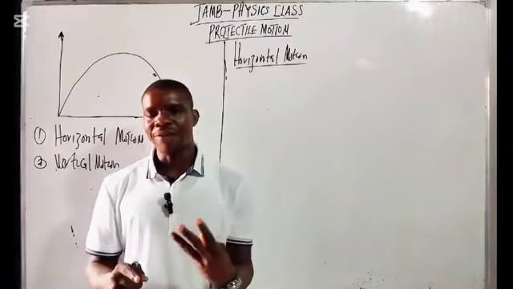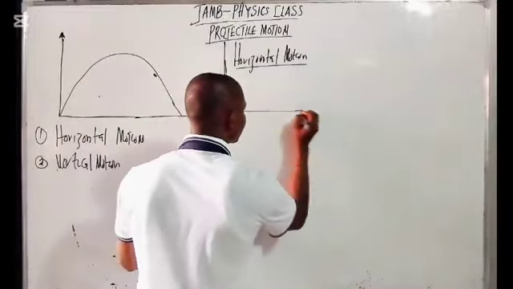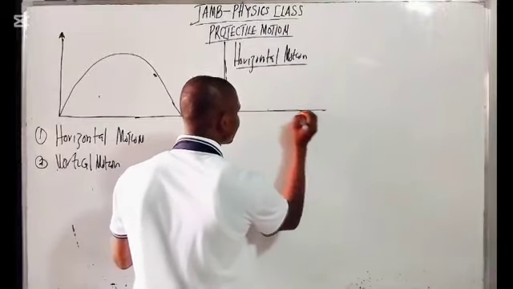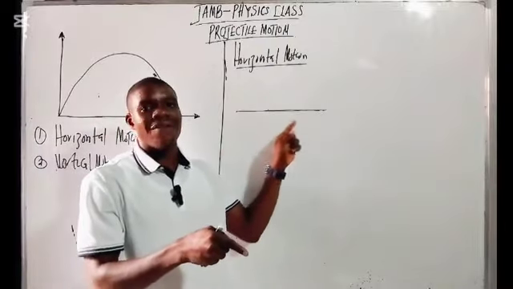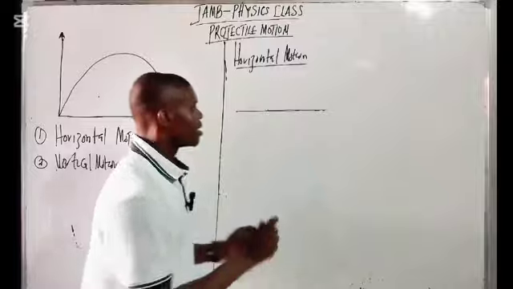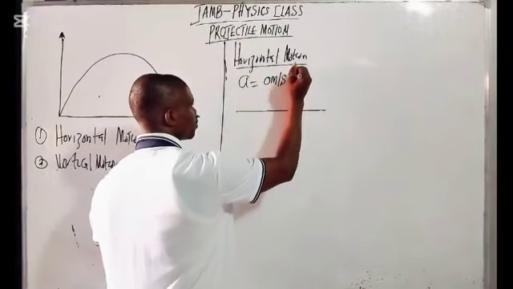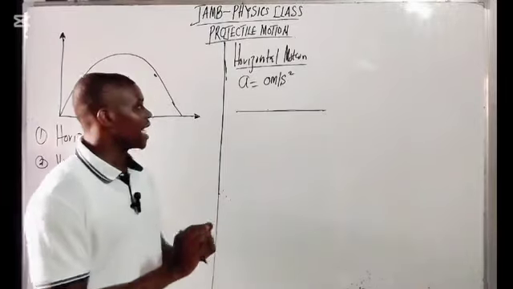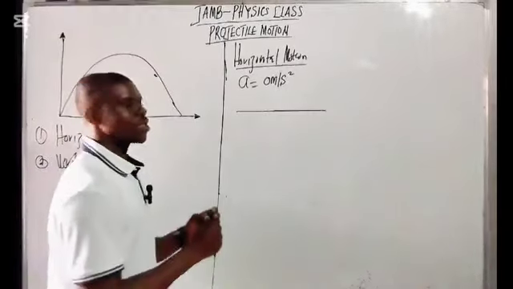Because we're talking about horizontal, that is moving straight like this, the acceleration due to gravity does not actually have an effect on the horizontal part. Do you understand? So what I want you to understand here is that my a is equal to 0 meters per second squared. And if a is equal to 0 meters per second squared, then my velocity is constant.